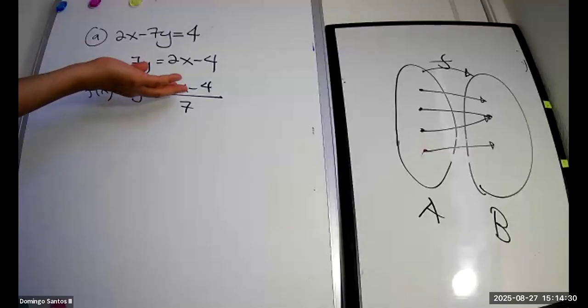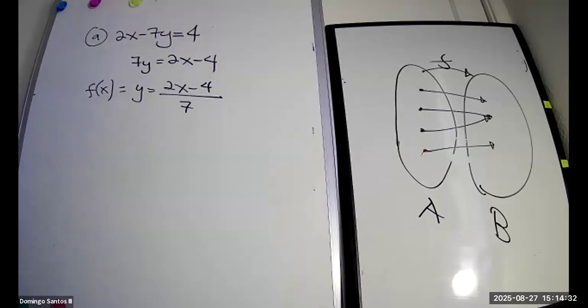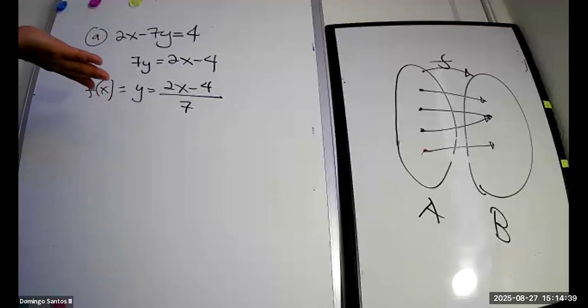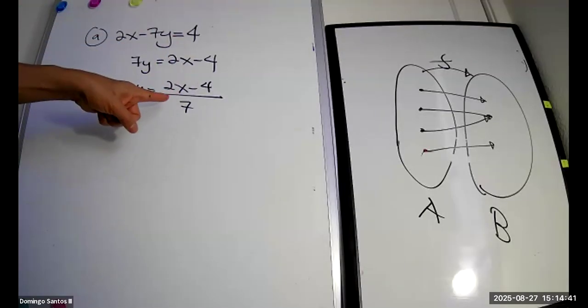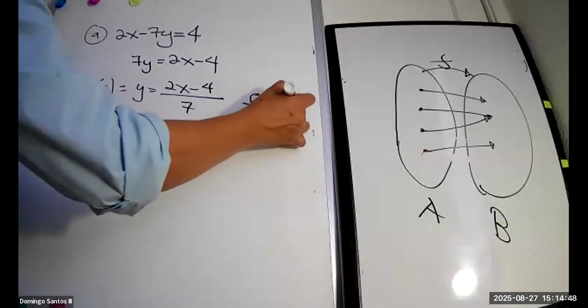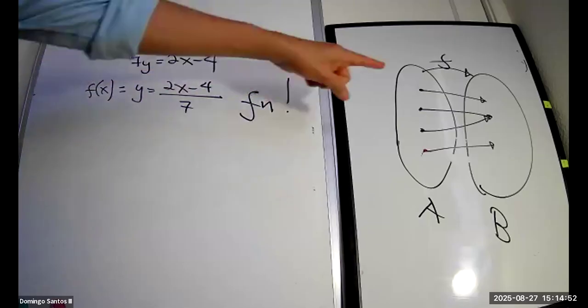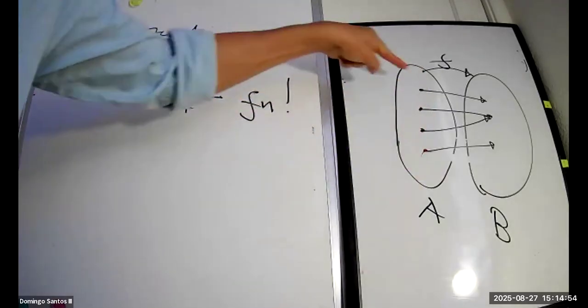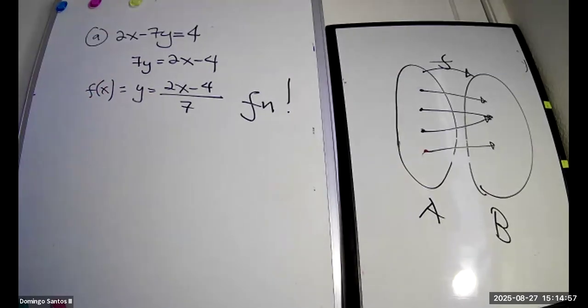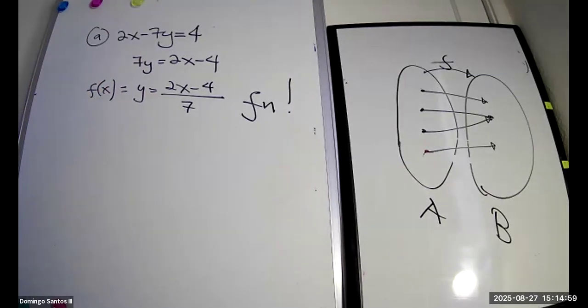If x is, say, 1, what's y? There would still be one value, which is -2/7. So is this a function or not? It is a function, because for every value of x, there's only one y. Make sense, class?